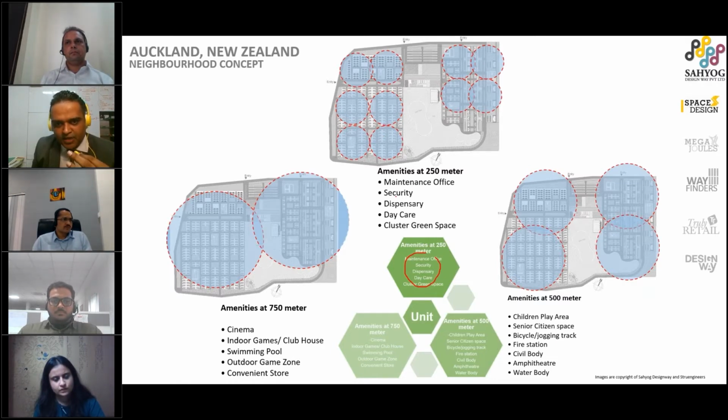We have security, dispensary, daycare, green clusters. Amenities at 500 meters include the children's play area, the senior spaces, fire stations, and then the entertainment, swimming, indoor stadium, play area were at 750, and that comprised the complete development of the master plan.